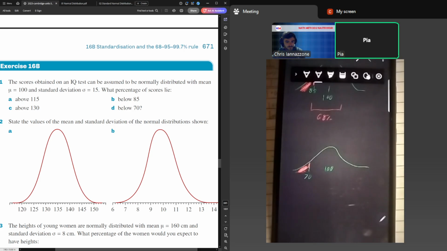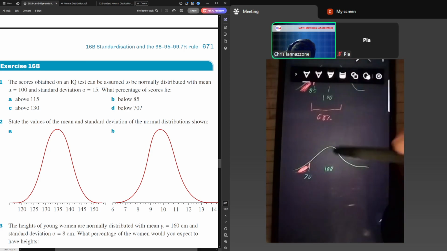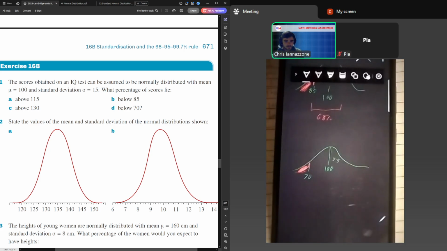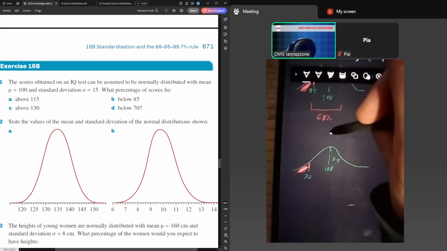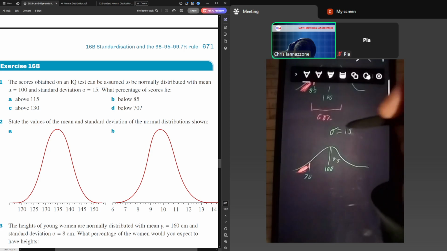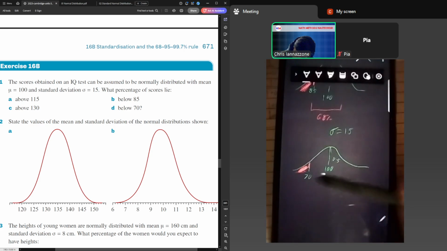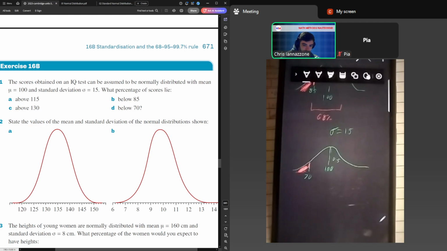On the right side of the 100, it would be 0.5. Yep. And the standard deviation would be plus minus 1. Would it? Standard deviation is 15. So how many 15s are separated between these two?